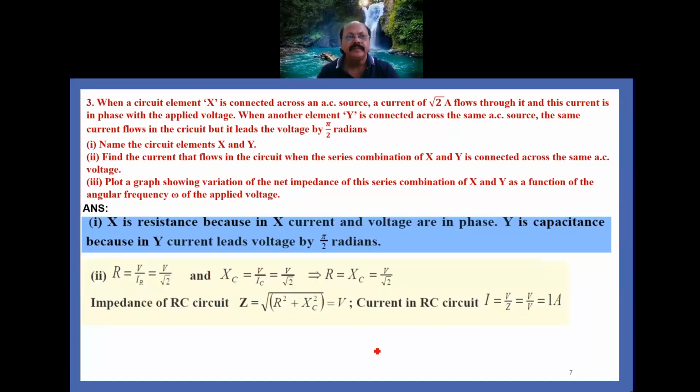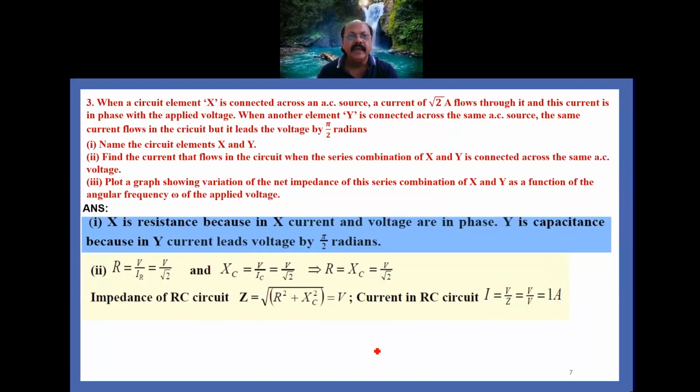So the current in the resistor we have to calculate, and similarly in the case of the capacitor.